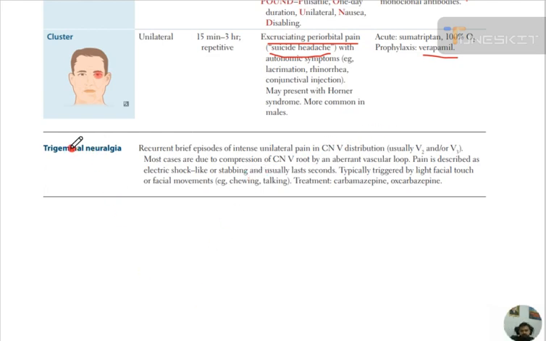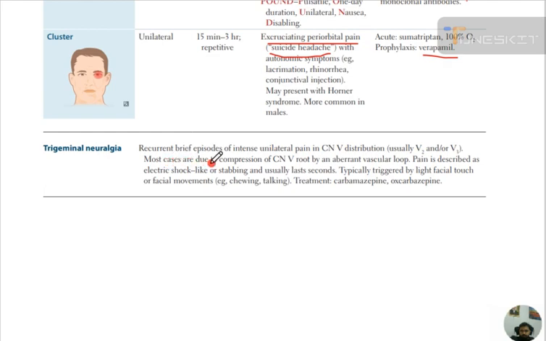So the next thing is trigeminal neuralgia. It is a recurrent brief episode of intense unilateral pain in cranial nerve 5 distribution, usually second and third branch.